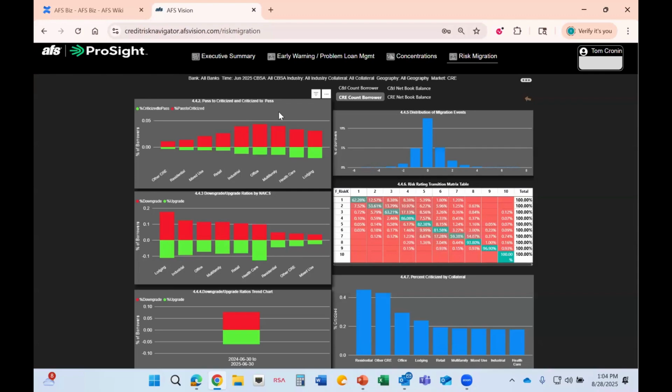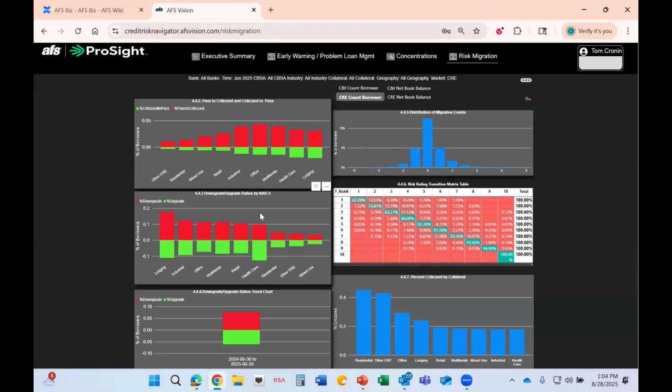And the percent of borrowers that declined in credit quality and went from pass to criticize is in the red of each column. And the percent of borrowers that improved and went from criticize back to pass is in the green.